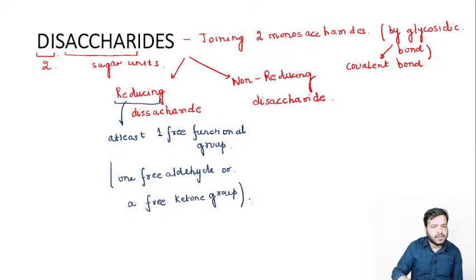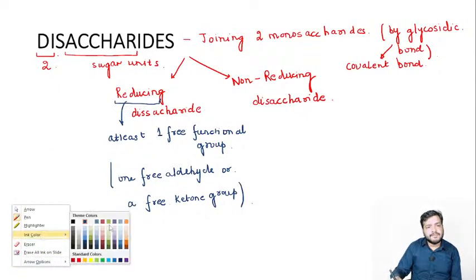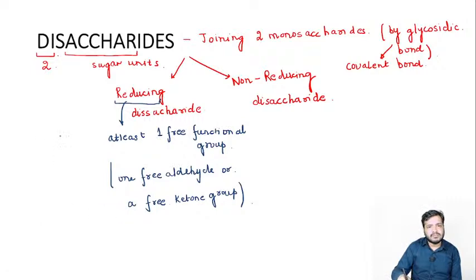Now see how to differentiate between a reducing and non-reducing disaccharide. If a functional group is present and it is involved in the bond formation, then it is non-reducing. If a functional group is present and it is free, then it is reducing.